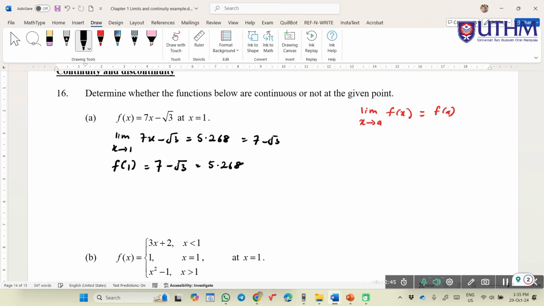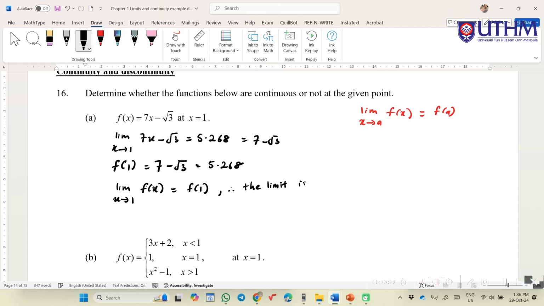Therefore, since the limit as x approaches 1 of f(x) equals f(1), the function is continuous at x equal 1.